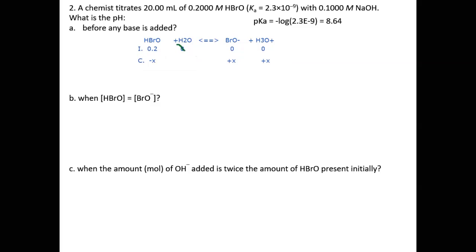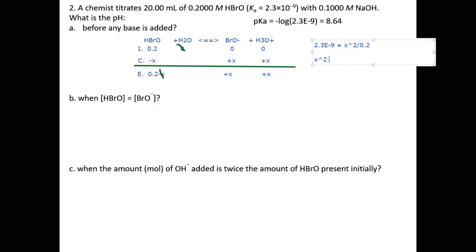At equilibrium, so again, the Ka is a lot smaller than the initial concentration, so we can disregard the minus X. And so we get 2.3 e to the negative 9 equals X squared divided by 0.2.